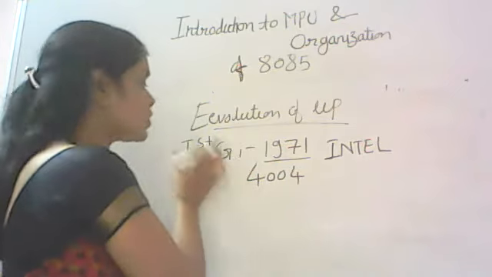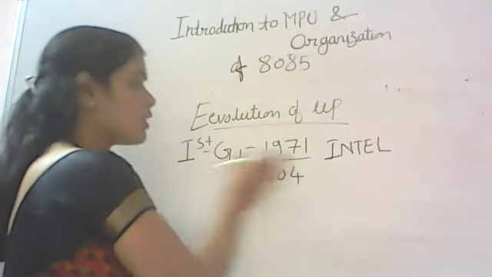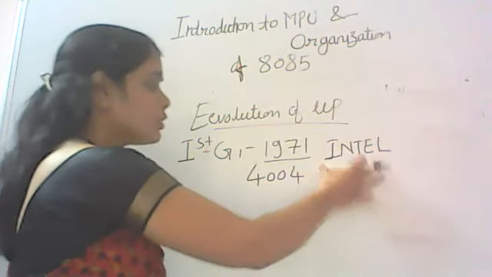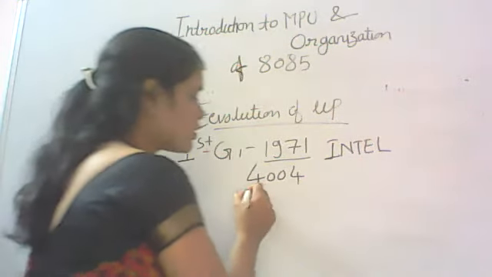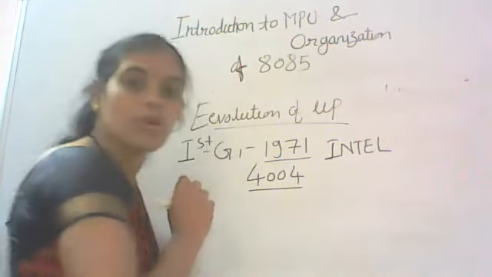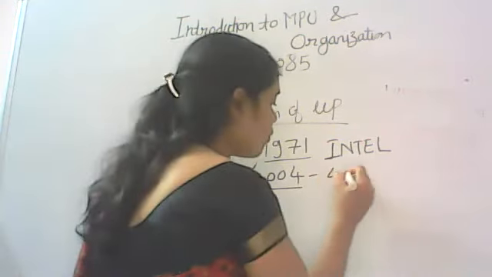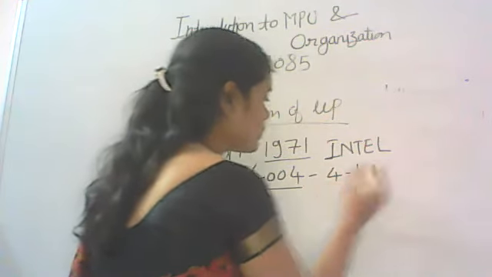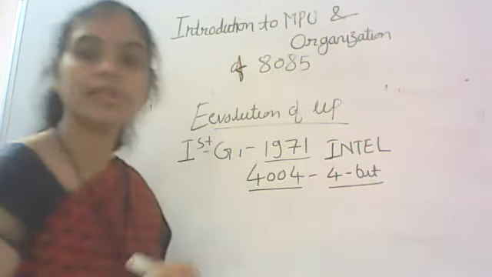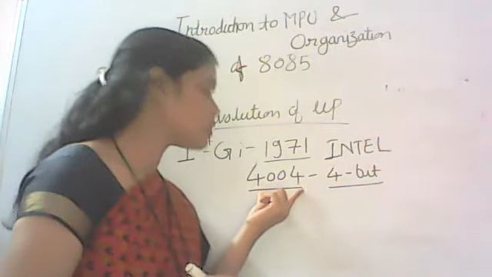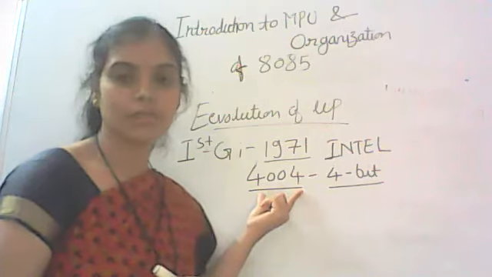The first generation of microprocessors started in 1971, and Intel introduced the first microprocessor, the 4004. This is a 4-bit microprocessor, and it was used in calculators.